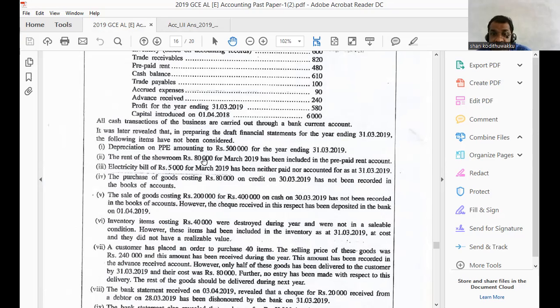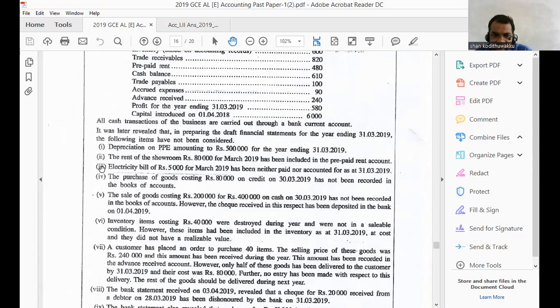This is the closing balance, as they haven't already deducted 80 from this value. And also rent is an expense. Therefore, as expenses reduce capital, we can put it as minus, right?